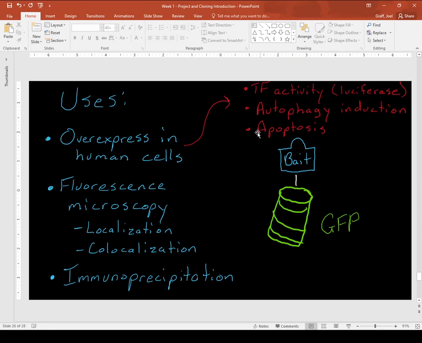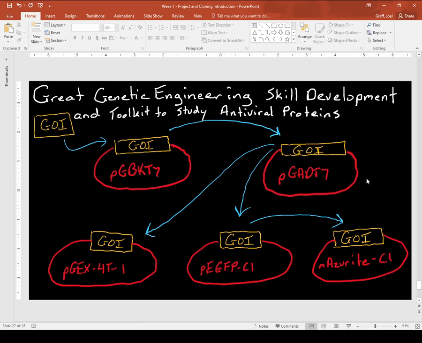The cells can go through apoptosis, which is a mechanism of cell death, and we could test whether overexpressing our protein of interest in the human cells makes it more or less likely for cells to die under different situations through apoptosis. So there's all sorts of different things we can do with all these plasmids.